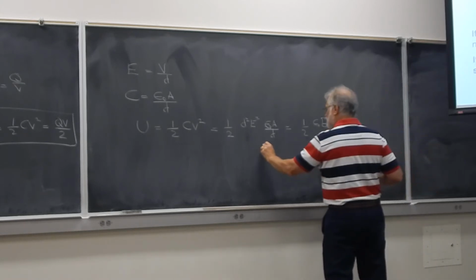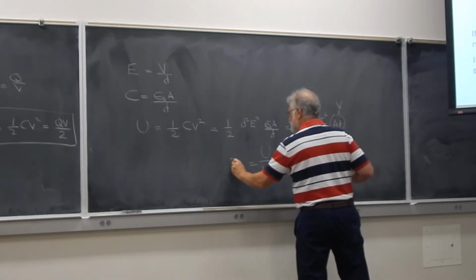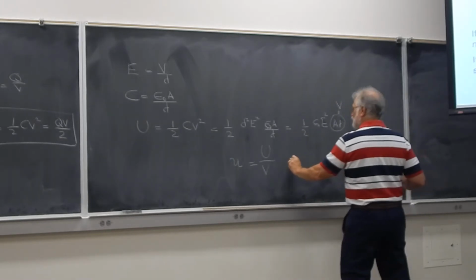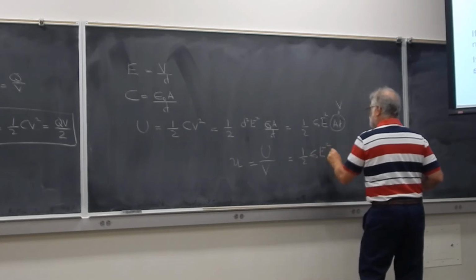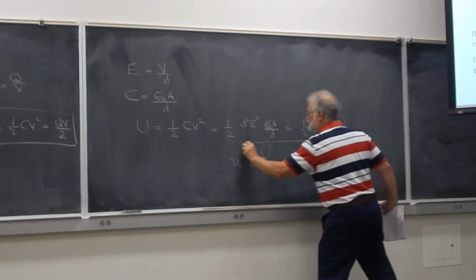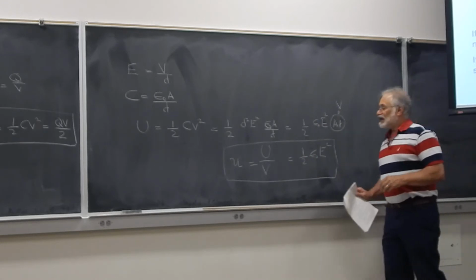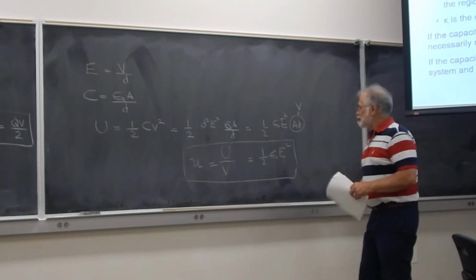So the energy per volume, what we often define as an energy density, little u, is equal to energy per volume, or 1/2 epsilon naught E squared. And this is a universal expression for the energy stored in the parallel plate capacitor, or any capacitor.